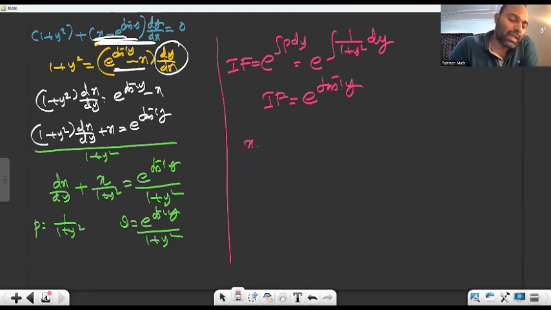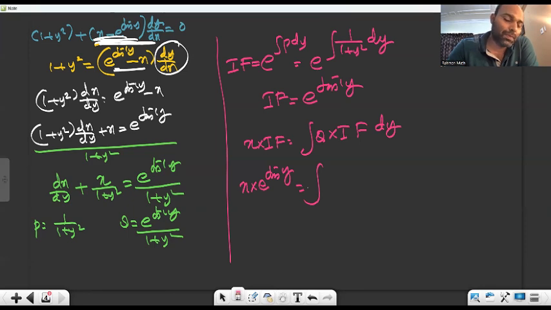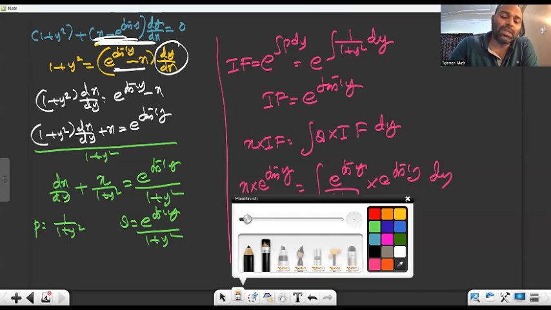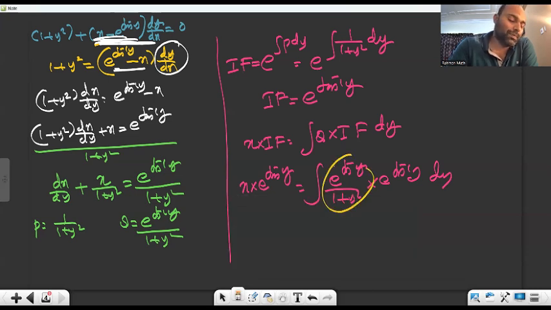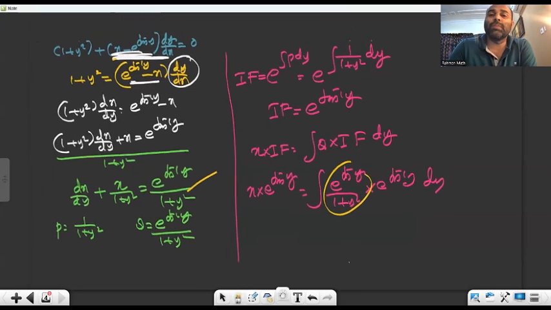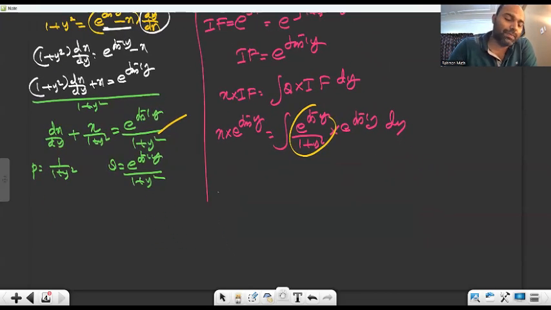Now x into IF equals integral q into IF dy. x into e raised to tan inverse y equals integral of q, which is e raised to tan inverse y by 1 plus y square, into e raised to tan inverse y dy. This is your q. Now e raised to tan inverse y into e raised to tan inverse y: a raised to m into a raised to n is a raised to m plus n.